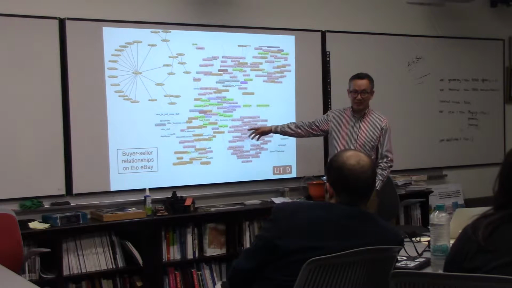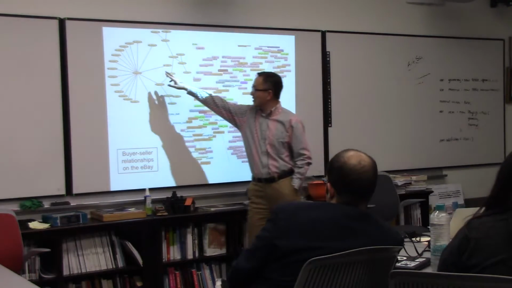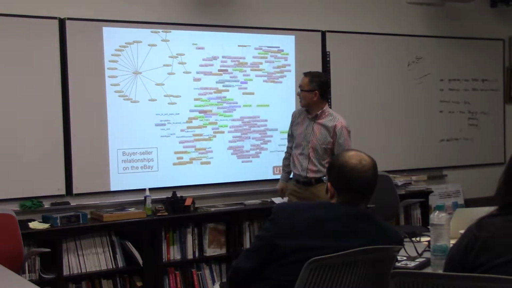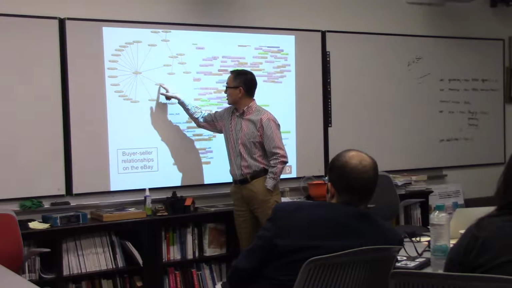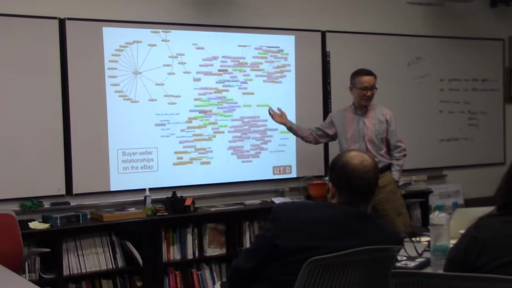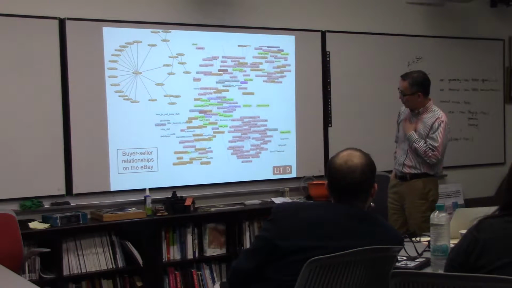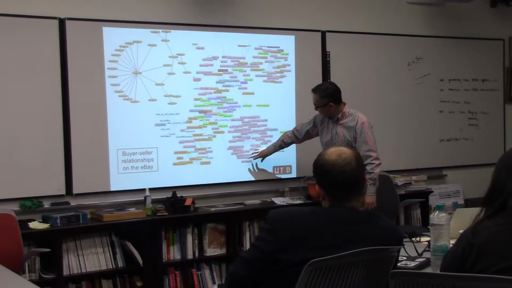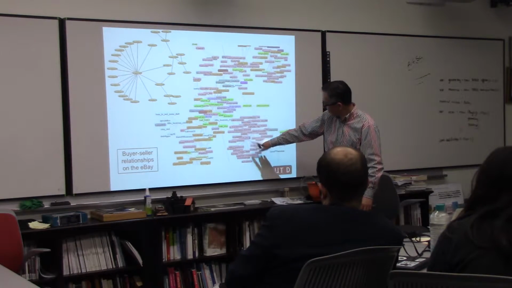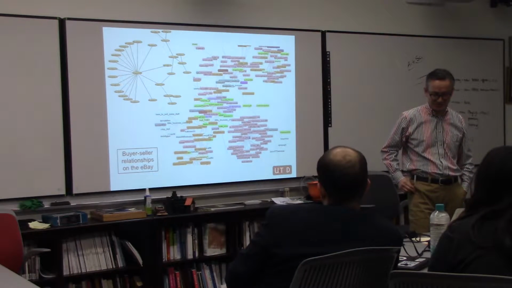So we actually obtained the data from eBay, and this is a seller, and these are the buyers from this same seller. But this seller is also a buyer of this person, and so on. So we draw this as a kind of diagram, and we improved this algorithm by trying to pull the nodes apart, but still there's some overlap. But this is a little bit of an old algorithm we did.